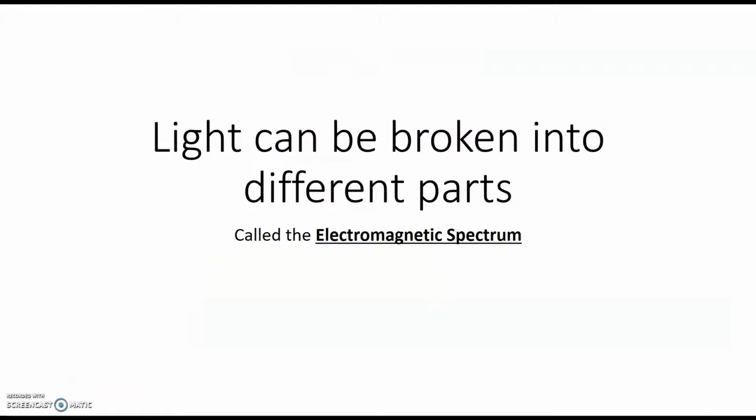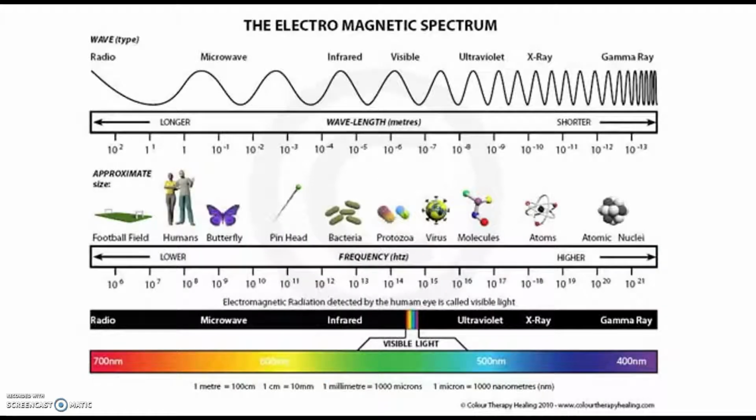Space is a vacuum. Now, light can be broken up into different parts. We call this the electromagnetic spectrum. Those different parts are based off of their frequencies. You will need to know their names and their relative orders, and their relative wavelengths, frequencies, and energies.